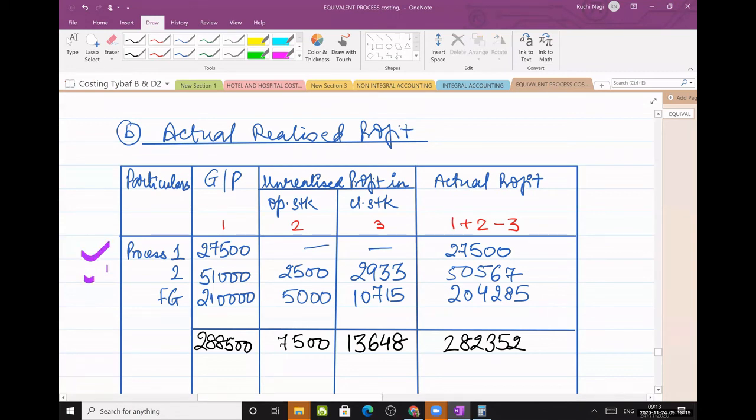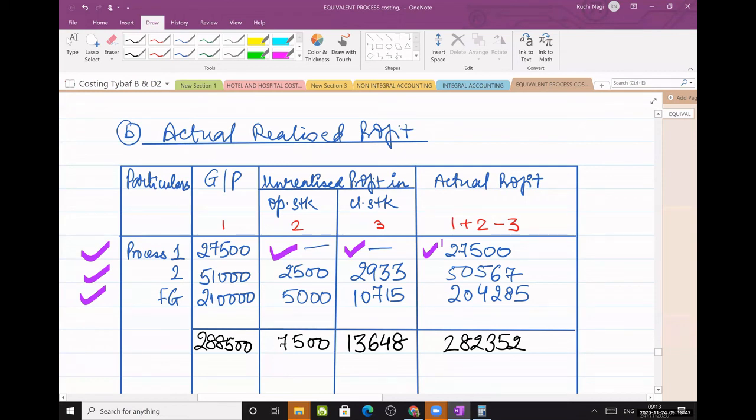So process 1, process 2, finished stock account. Then these are the gross profits we have calculated as per the process accounts: 27,500, 51,000, and 2,10,000. In the first process, there was no profit element in opening and closing stock, so the actual profit was the same, 27,500.